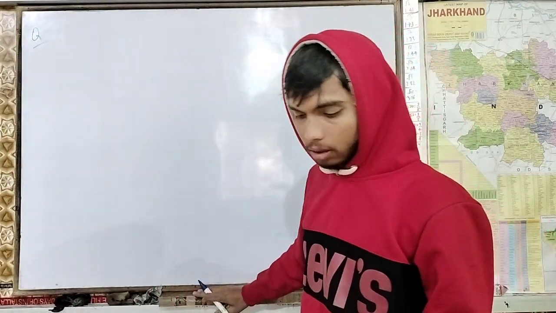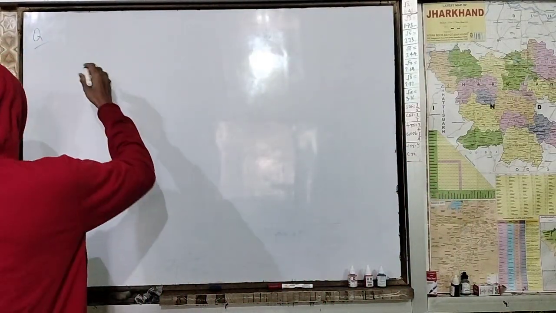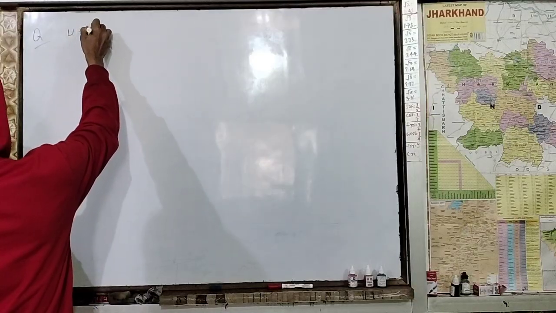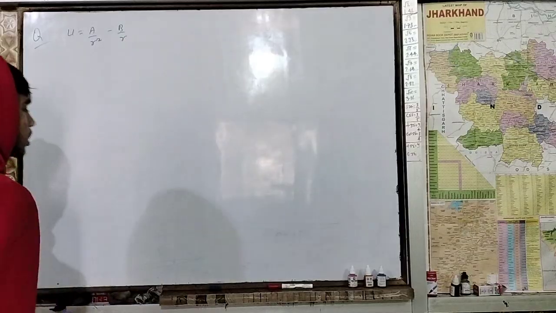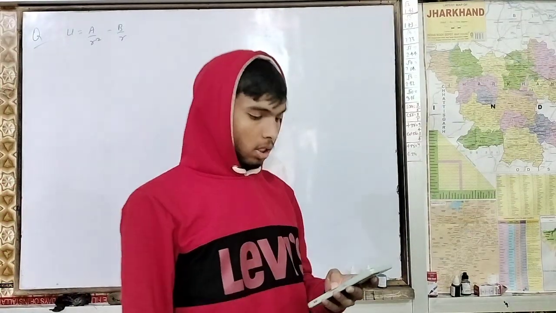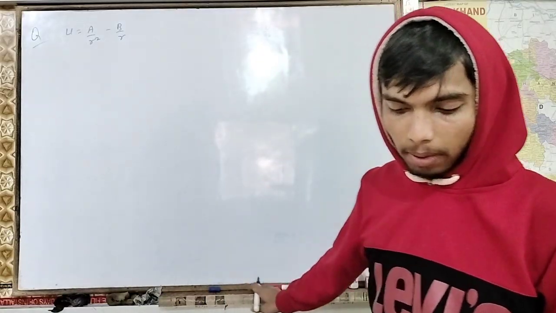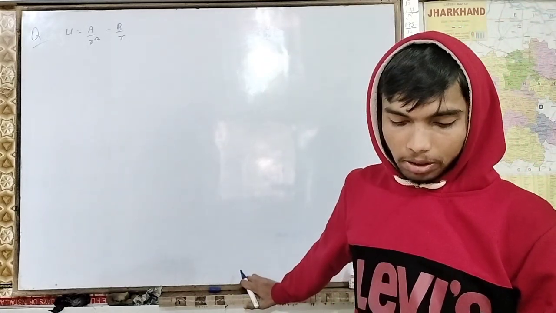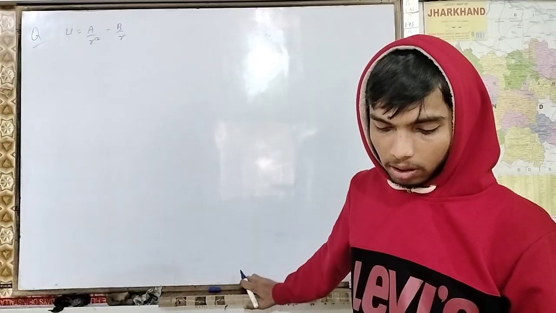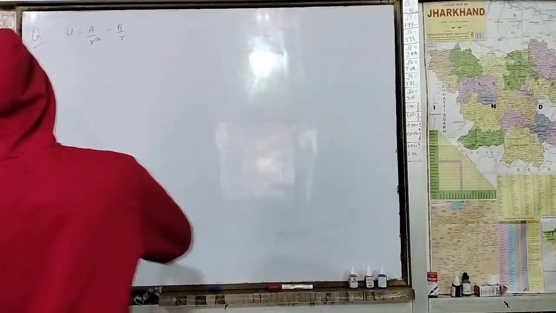The potential energy of a particle in a force field is U = A/R² − B/R, where A and B are positive constants and R is the distance of the particle from the center of the field. For a stable equilibrium, what would be the distance of the particle?